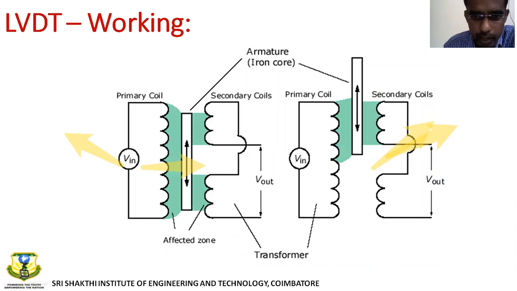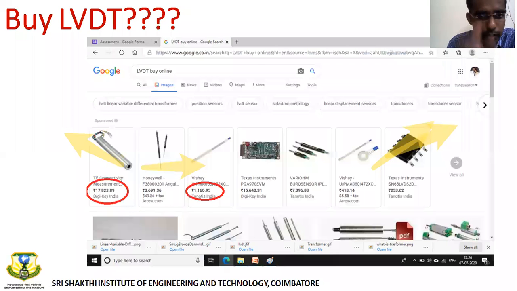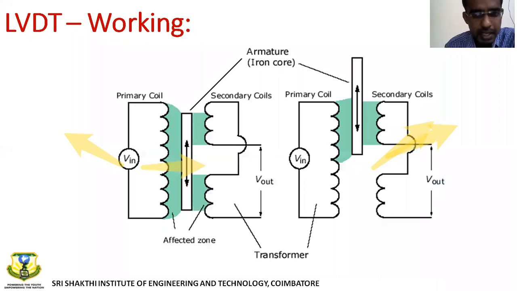When it moves downwards, more flux linkage in the bottom coil. Accordingly, Vout is going to differ. One bottom line principle is, according to the movement, output voltage differs. Here the movement is linear movement. In the potentiometer, the pot lab, the movement is angular movement. Now I gave an example that car wipers also, you can connect it, so you can measure it, right?